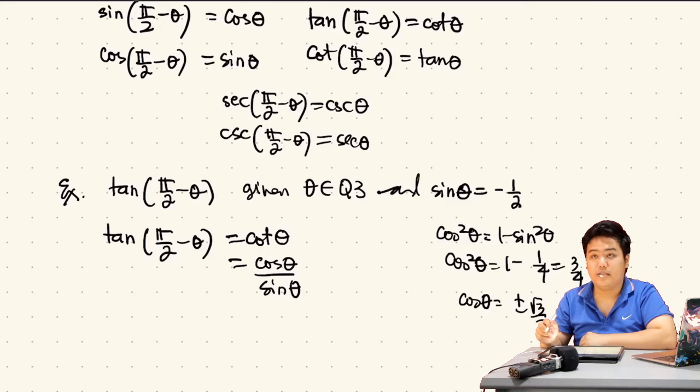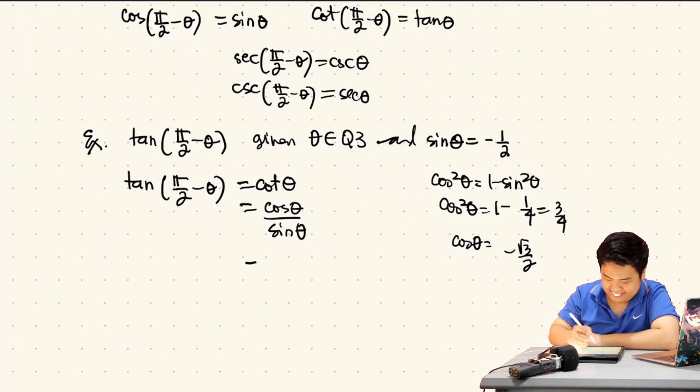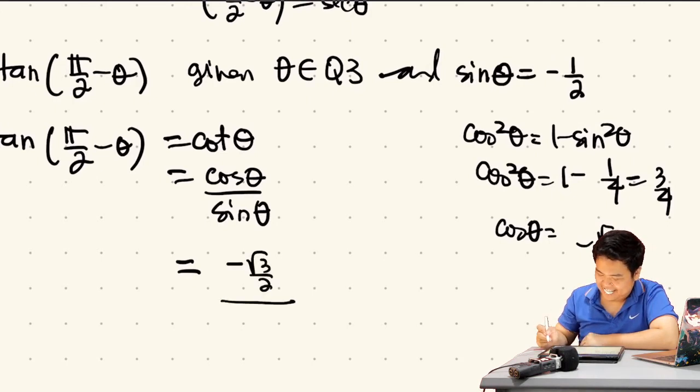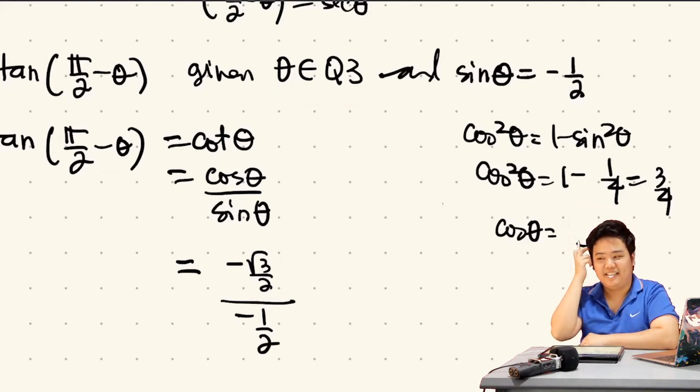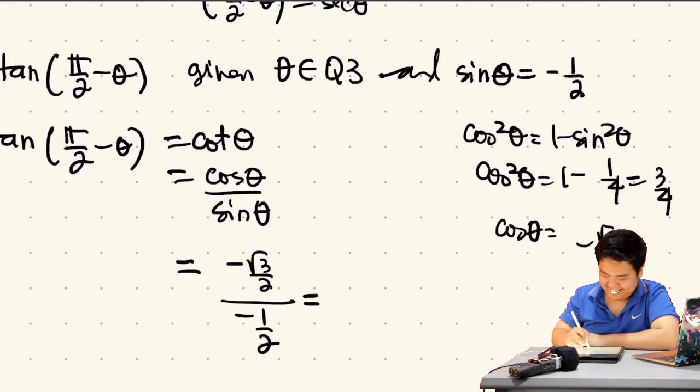Theta in quadrant 3, cosine theta must be negative. Okay? So, cosine theta is negative square root of 3 over 2. Sine theta is negative 1/2. Negative cosine kasi theta is in quadrant 3. So, the answer is square root of 3. Yay!